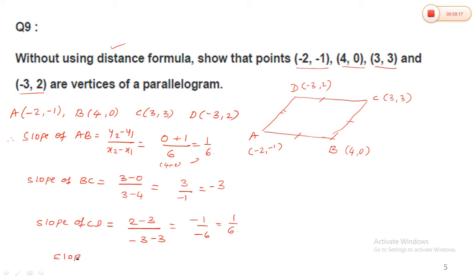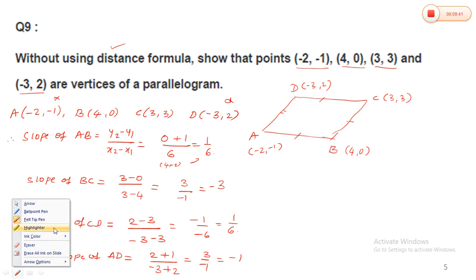Similarly, slope of AD or DA. So this and this point, 2 plus 1 divided by minus 3 plus 2. 3 by minus 1, this is equal to minus 3.